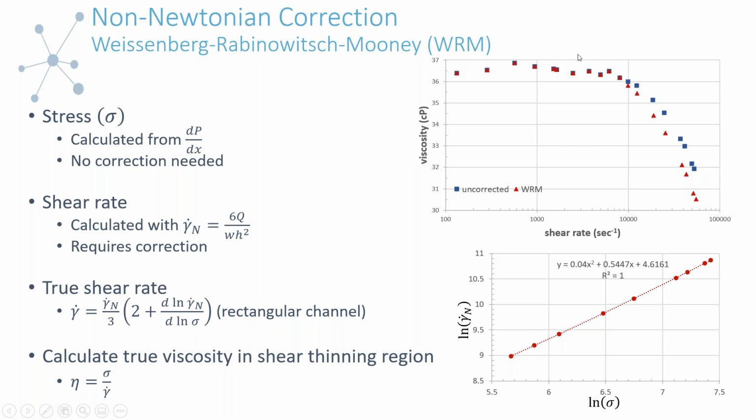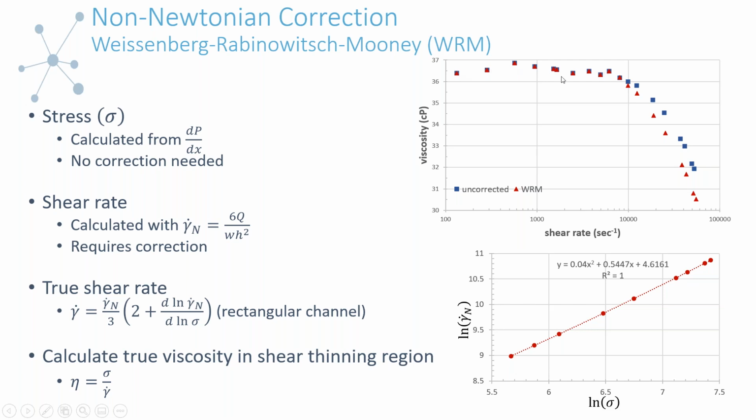So you can see the original blue data is uncorrected. And then we look at this shear rate that we've calculated, the Newtonian estimate or approximation, versus the shear stress on a log scale. And one thing to also point out is you never need to correct anything that looks like it's on a Newtonian plateau.